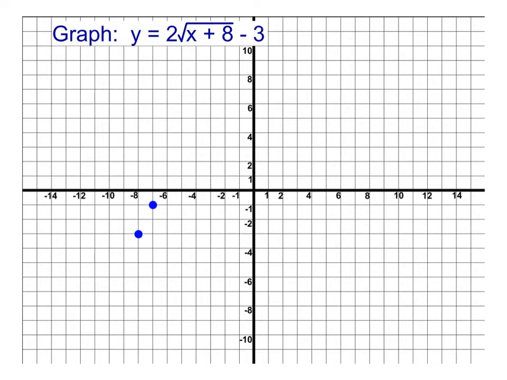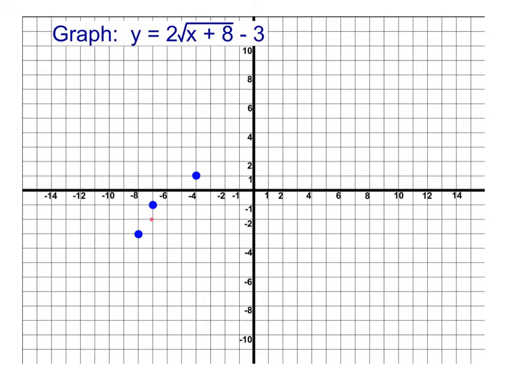All right, next. The next point I would normally plot after plotting over 1 up 1 would be over 4 and up 2. So in this case, instead of over 4 up 2, I'm going to go over 4 and up how far? No, I'm multiplying my height by 2. So my normal 2 gets multiplied by 2. It's 4. So I end up going over 4 and up 4, as it so happens.